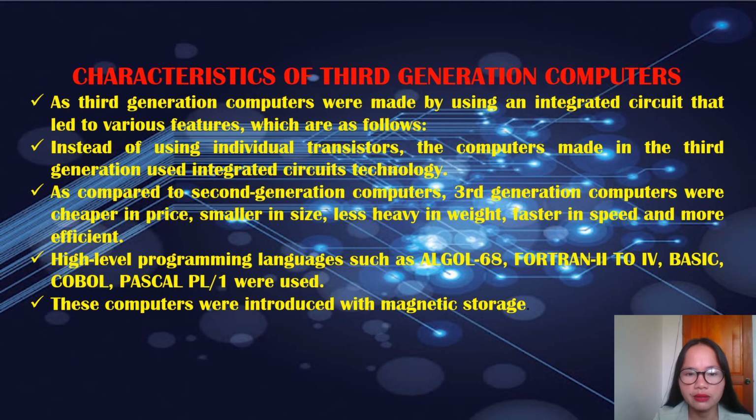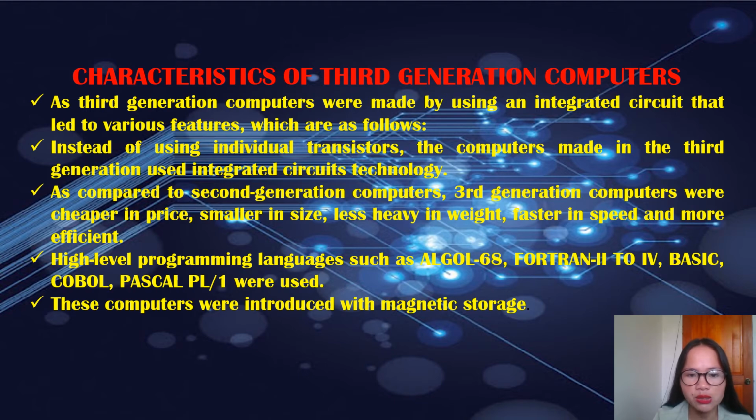These are the characteristics of the third generation computers. First, as third generation computers were made by using an integrated circuit that led to various features which are as follows. Instead of using individual transistors, the computers made in the third generation used integrated circuits technology.